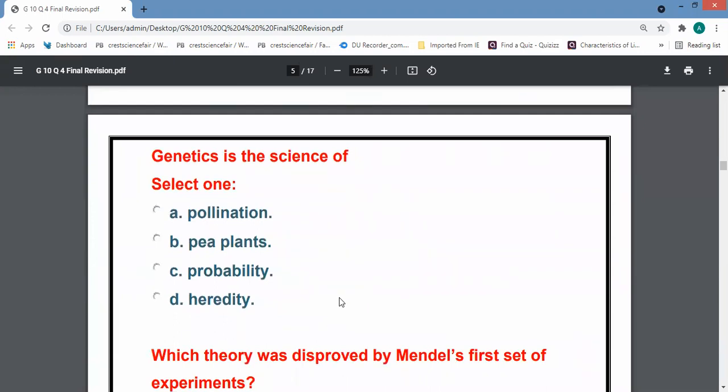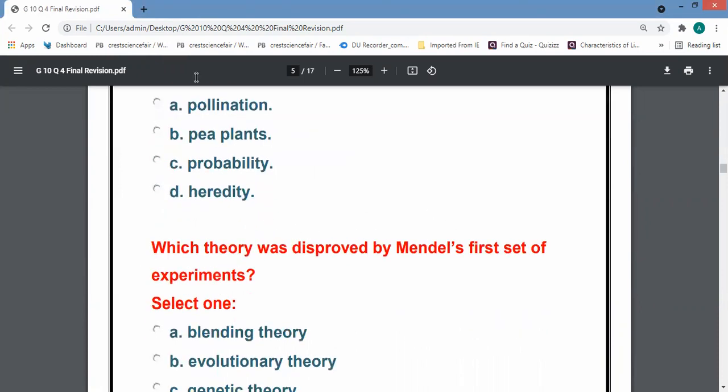Genetics is the science of what? Pollination, pea plants, probability, heredity. Hurry up, guys. If you know the answer, say it. Genetics is the science of what? Heredity.